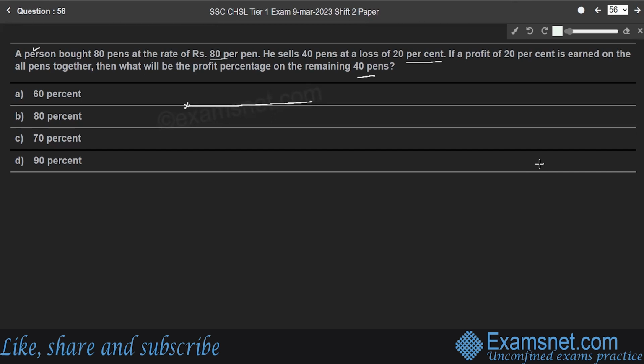The person bought 80 pens in total. He sells the first 40 pens at a loss of 20%, right? And the remaining 40 pens at a profit, with some profit percentage that we need to find.